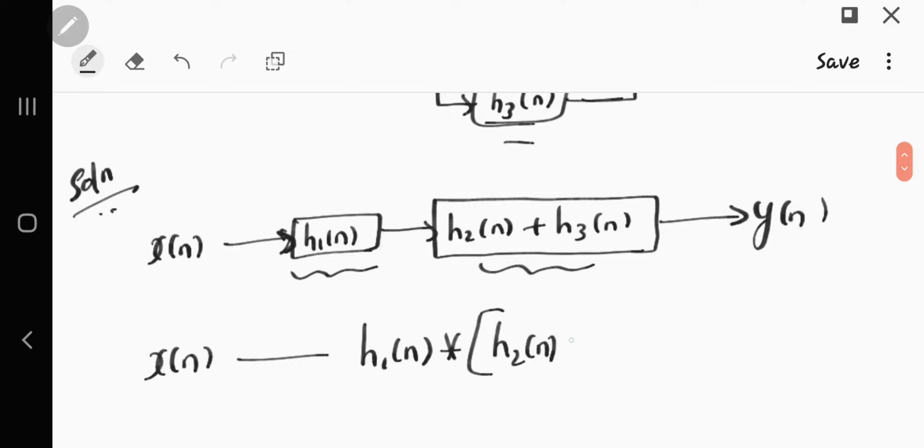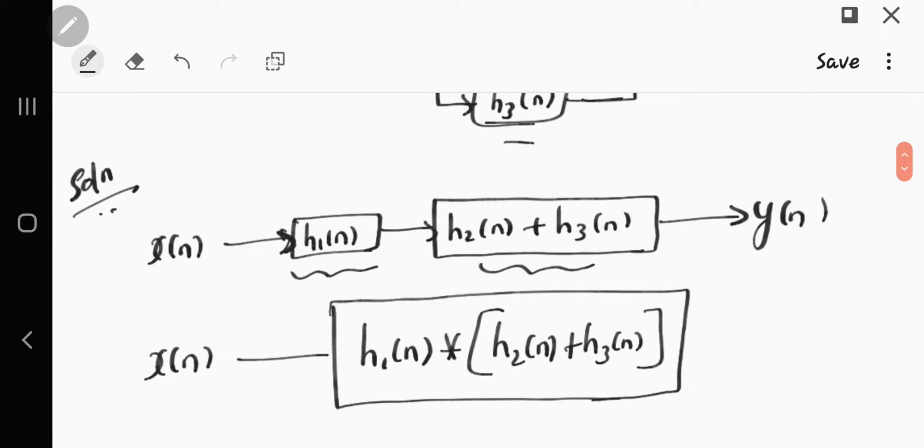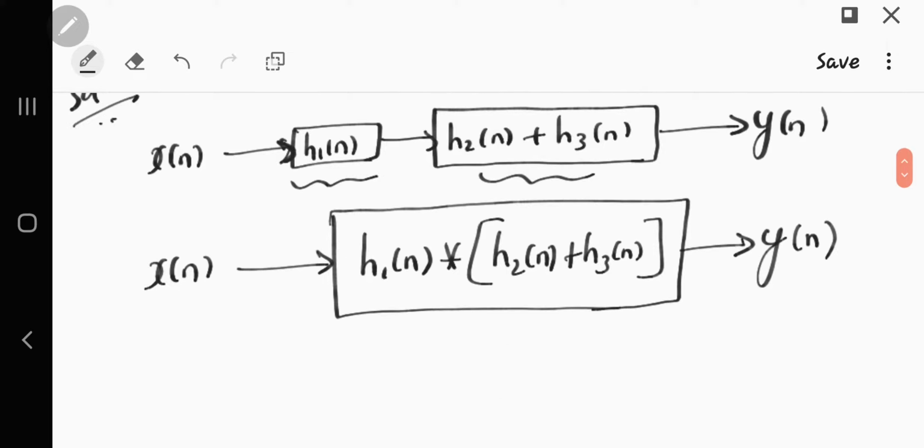So based on that, we can write the overall system response in this way. We have applied the two properties here.